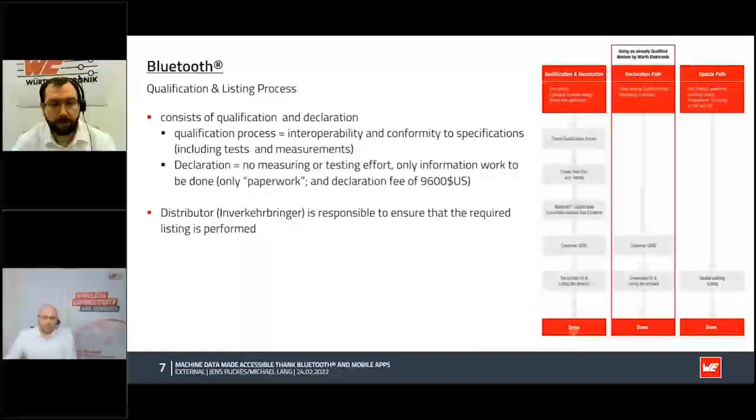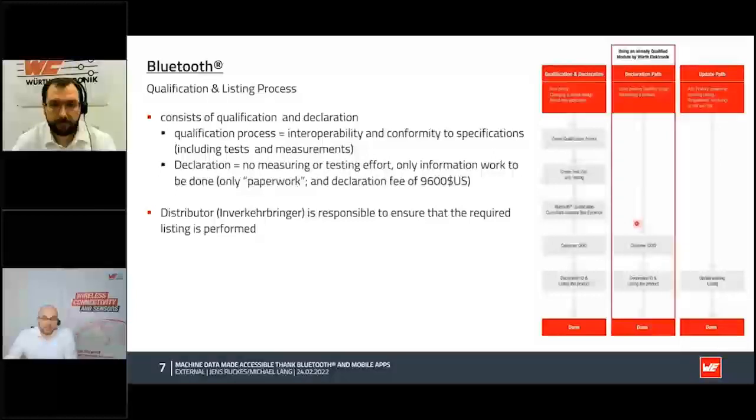Another possibility, which is somehow easier, is you start already with a qualified product. For example, a Bluetooth module from Wurth Elektronik or other manufacturers. They have, or we have, qualified modules, and so you do not have to do the effort, the money, and also the time to qualify your product, but you get in this declaration process and have to do only the paperwork.